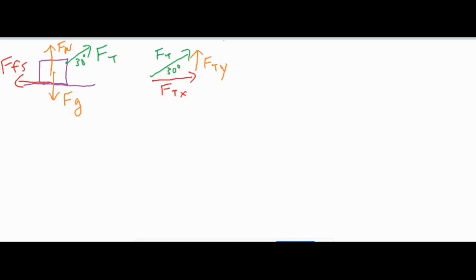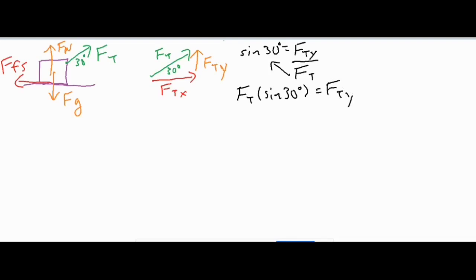Now, if you use a little bit of trig, we can find the Fty side because it's opposite of our 30-degree angle. So we would say sine of 30 degrees equals the opposite, Fty, over the hypotenuse, which is our main force of tension. And then if you cross multiply this over, then Ft sine of 30 degrees would equal your y component.